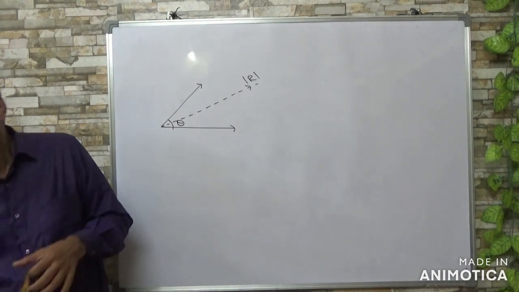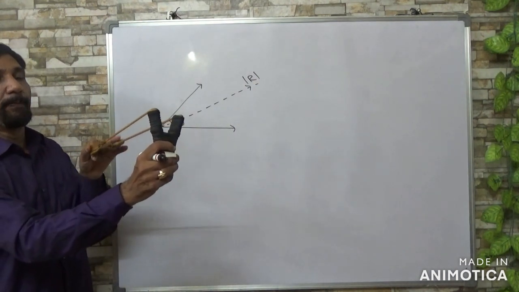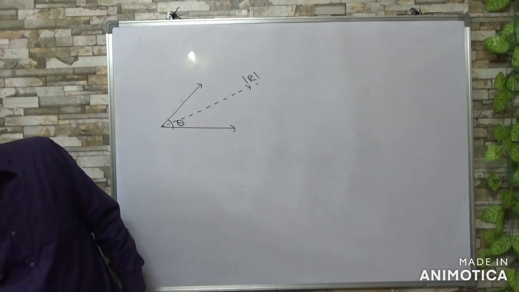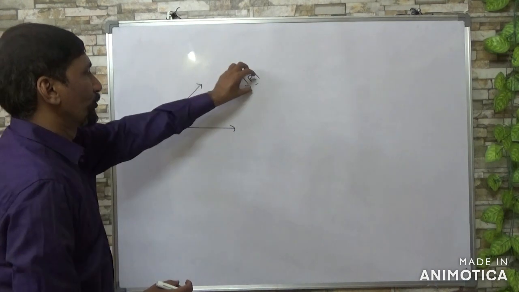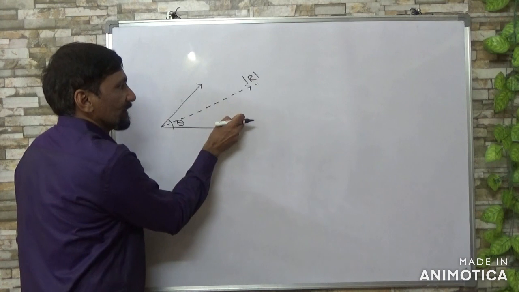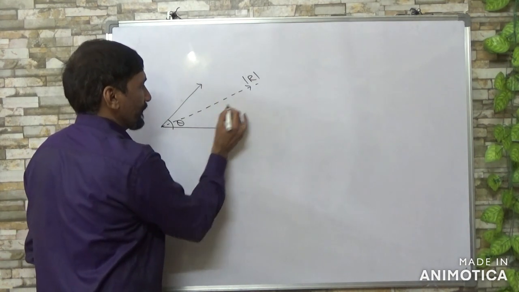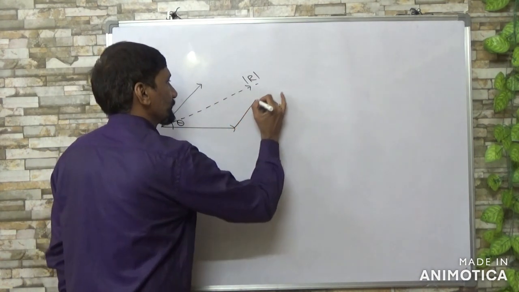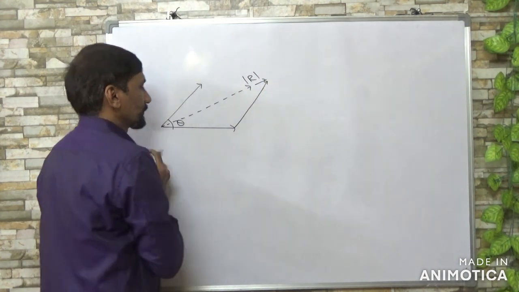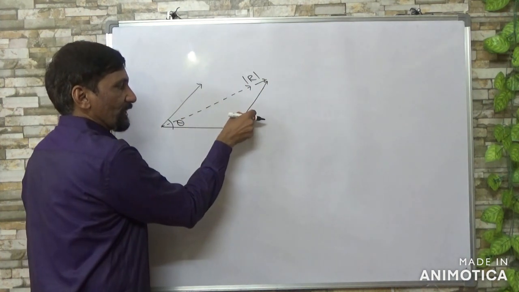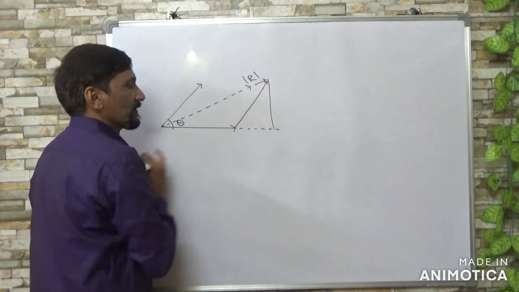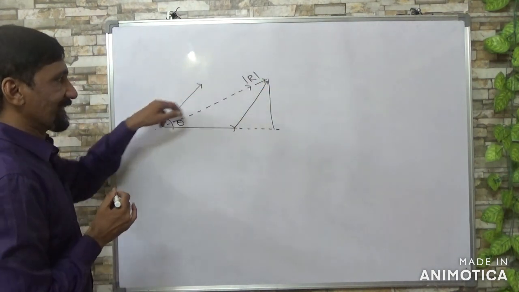Or else you see a cutter, whenever you apply force on this, it will go in the diagonal direction. So how do we find the magnitude of this resultant? You take the tail of the second one and add it to the head of the first one. Extending this forward and dropping the perpendicular, you get the resultant.